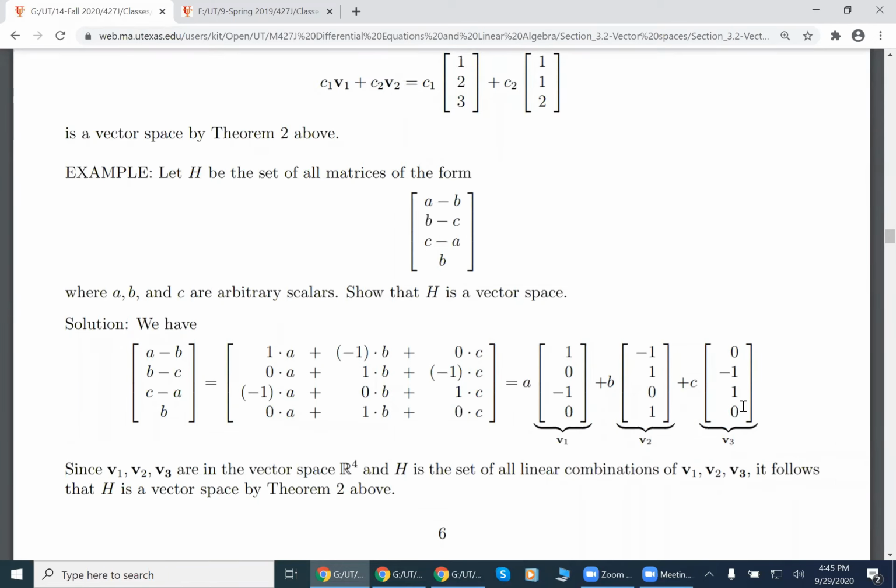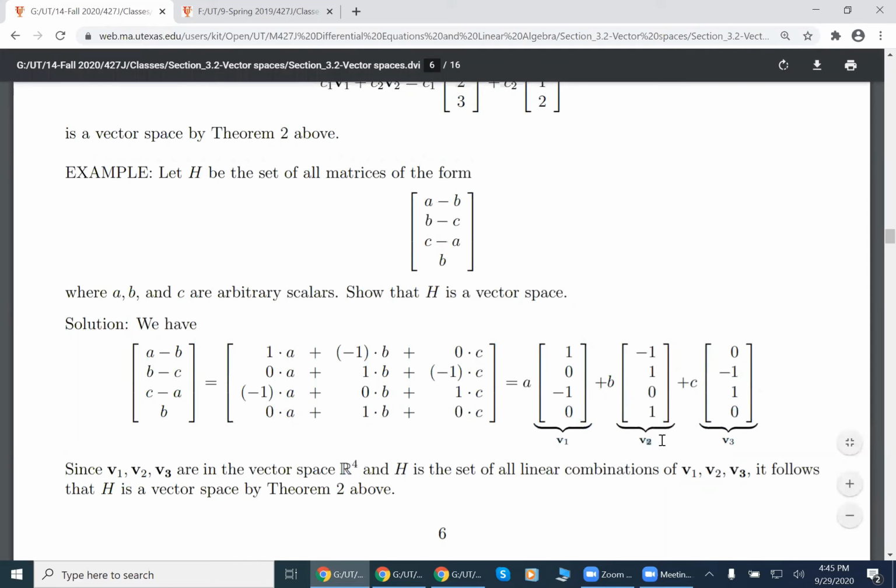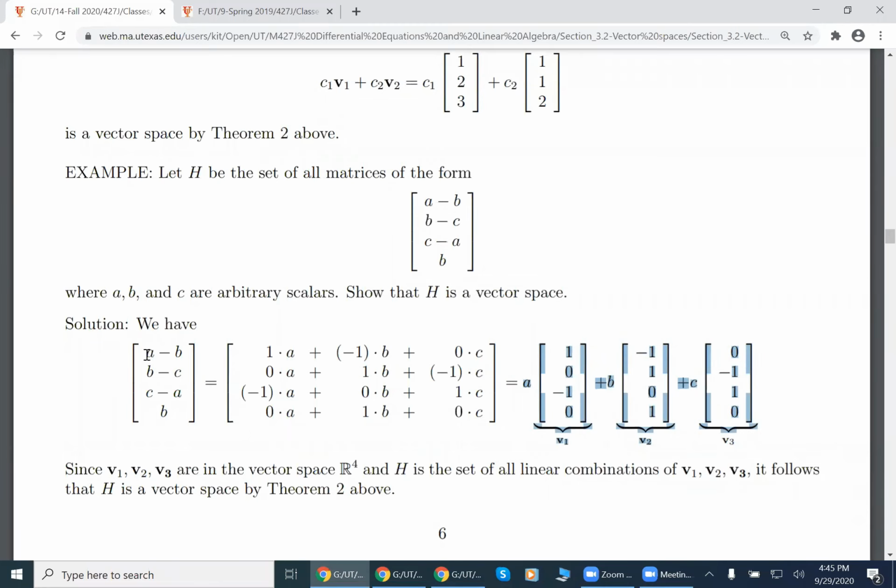Yes, the only thing that we need is the following. V1, V2, V3 are vectors from R4, and R4 is a vector space. Since what we see in front of us here is the set of all linear combinations of V1, V2, V3, by Theorem 2, this is a vector space. Therefore, the set of all such matrices is a vector space.